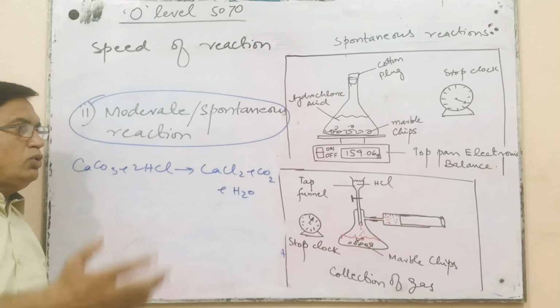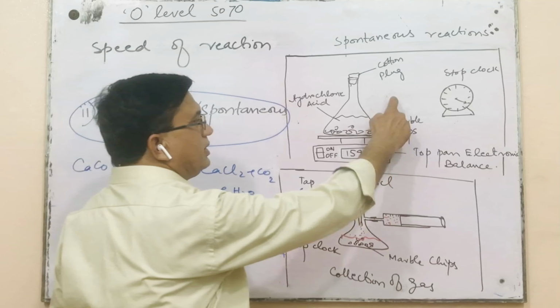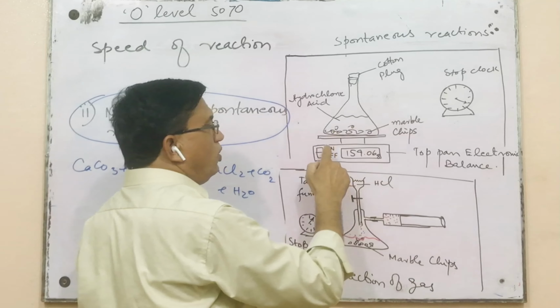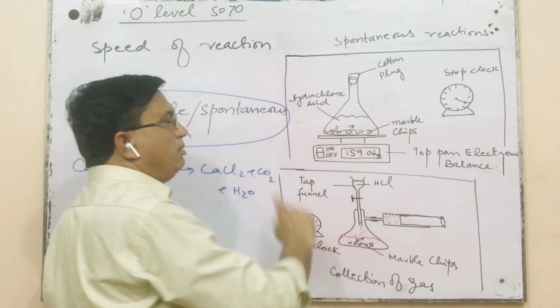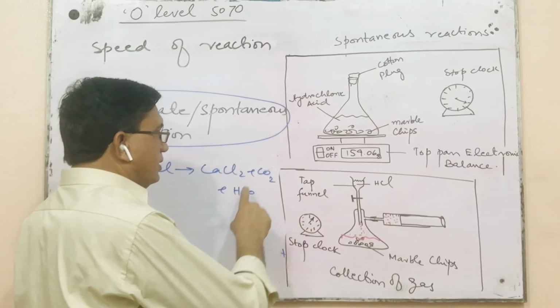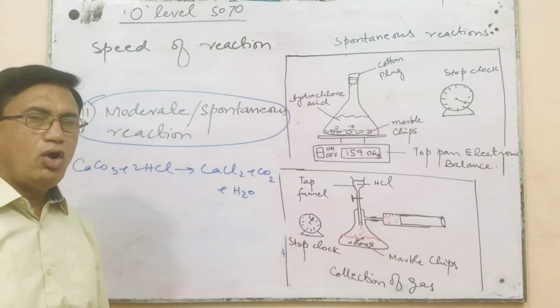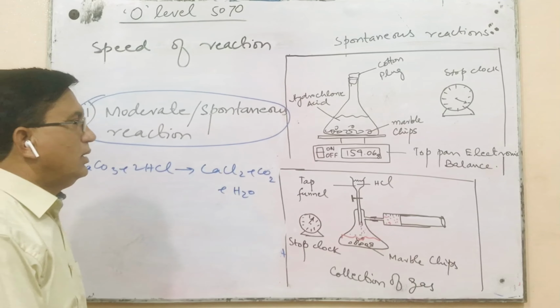Now, there are so many methods. These indicate two methods. The first method is based on the change in mass with respect to time. As the reaction proceeds, the gas produced will escape out. How will we perform this?